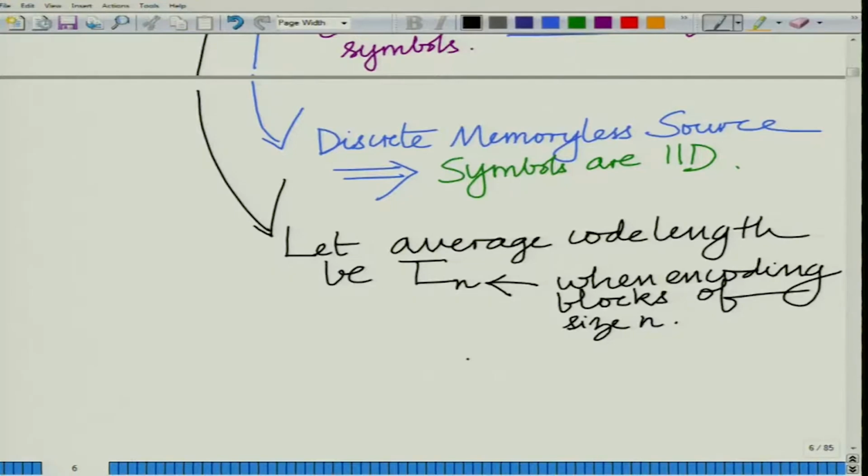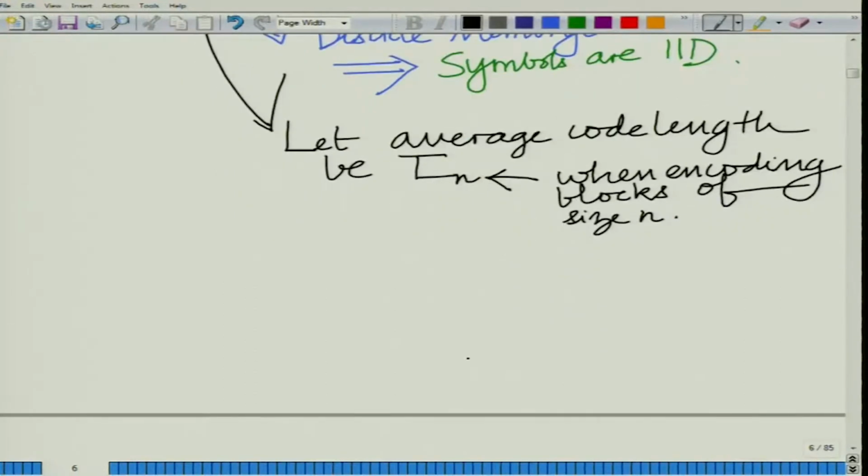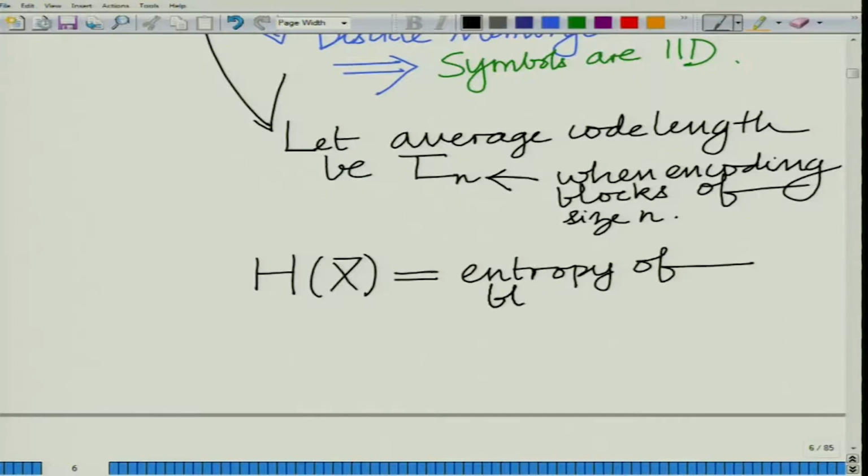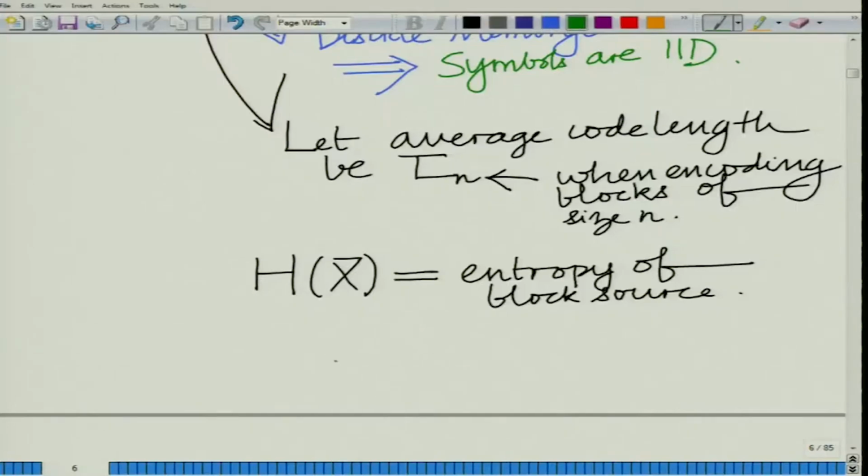Now, we know that H of x bar equals the entropy of this block source. If I consider a new source which is generating this block of n symbols together, as a new source.